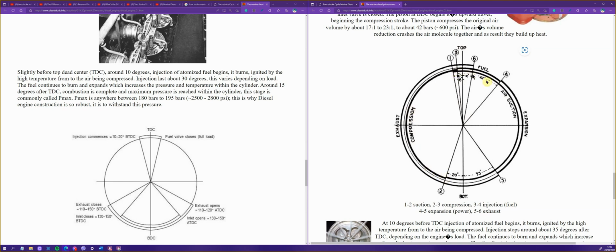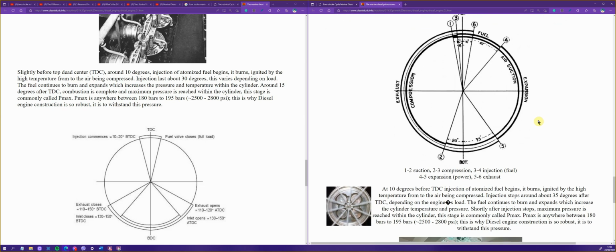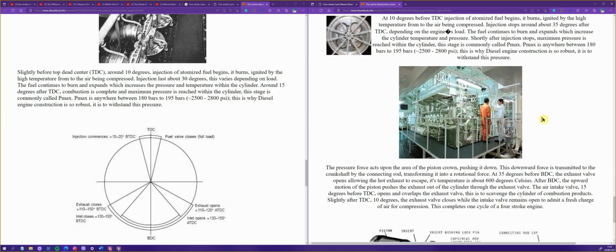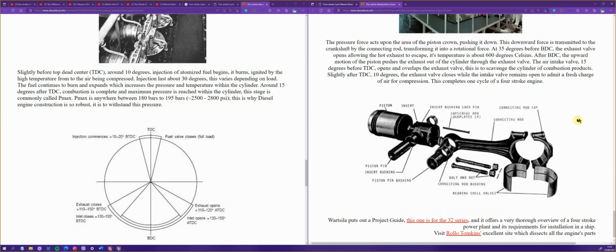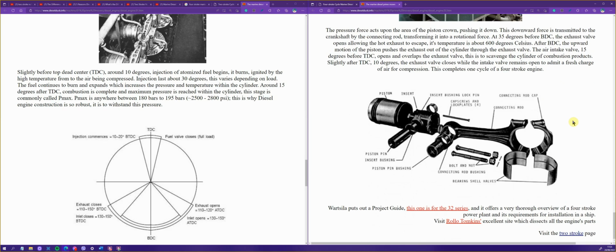Injection, tapos fuel, then, mag-expand yan. Tapos ito naman yung exhaust. So, kaya nga siya tinawag na cycle kasi iikot siya. So, later on yan. Pero maganda na simulan nyo na makita. So, ito yung mga major parts na sa piston sa iyong 4-stroke.